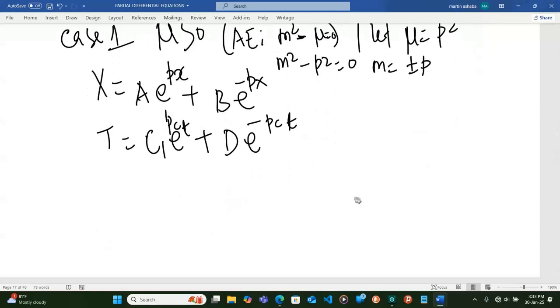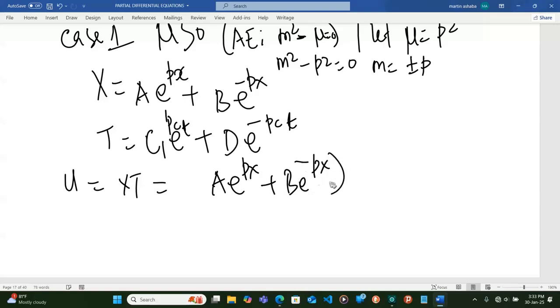What would be the solution? The solution would be u is equal to XT. This would be A exponential px plus B exponential negative px, then times c1 exponential pct, plus d exponential negative pct.